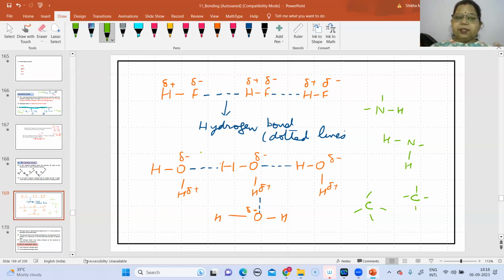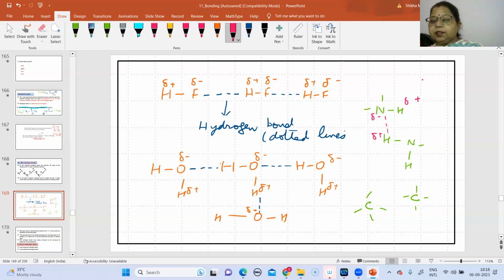Here we are representing something, we are explaining something. So we are using the best form of the resources, which will help us understand the concept. So even if I don't write, it is delta negative, this is delta positive. They will form a hydrogen bond.